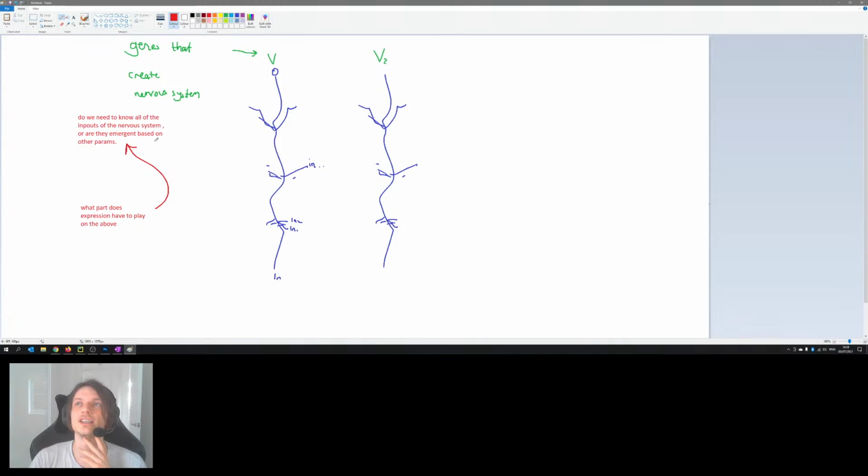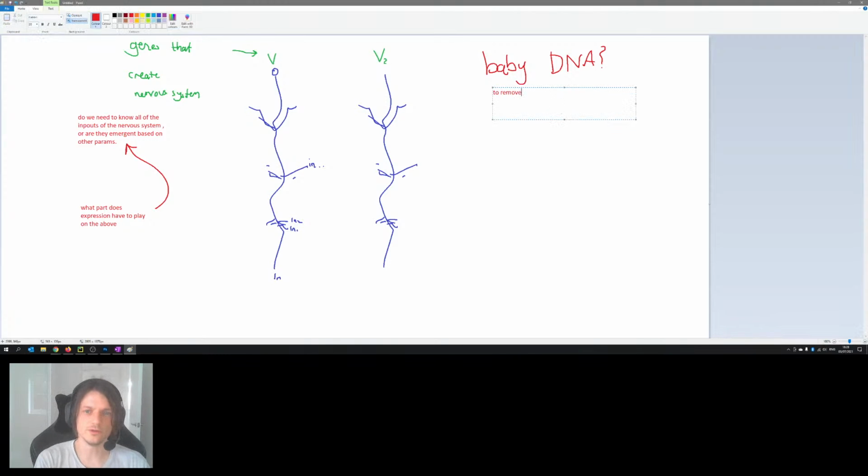Do we need to take baby DNA? Question, not sure. To remove expression noise.